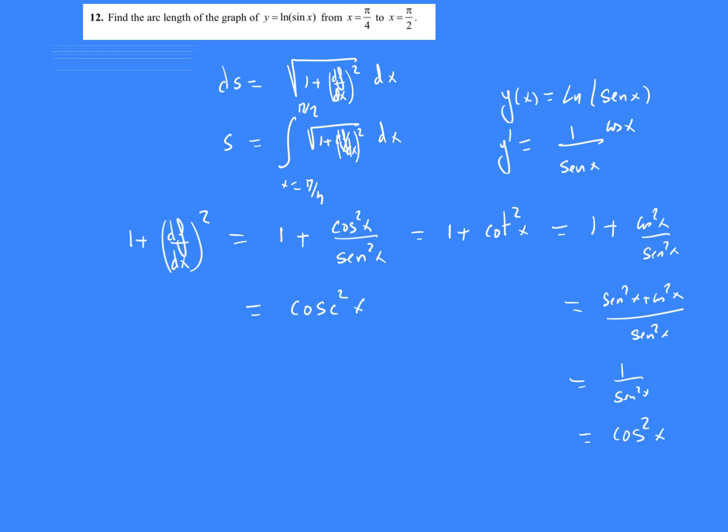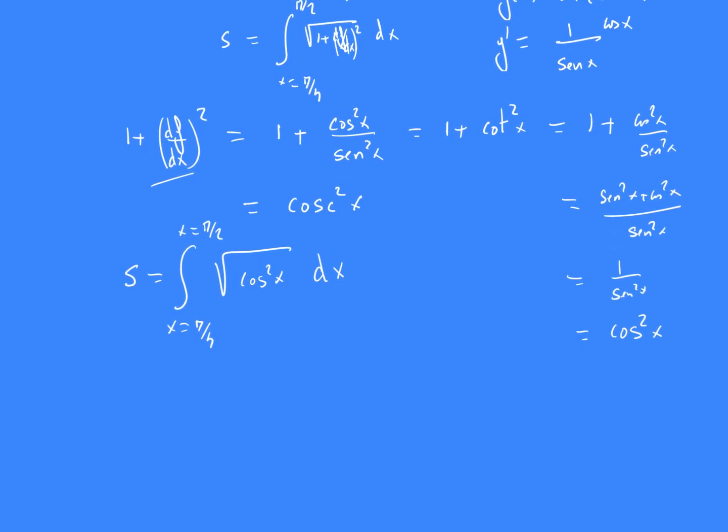So now the arc length they are asking me for is S, the integral from x equal pi divided by 4 to x equal pi divided by 2 of the square root of 1 plus the derivative of f squared, which is the square root of cosecant squared of x, dx. The square root of cosecant squared of x is cosecant of x.